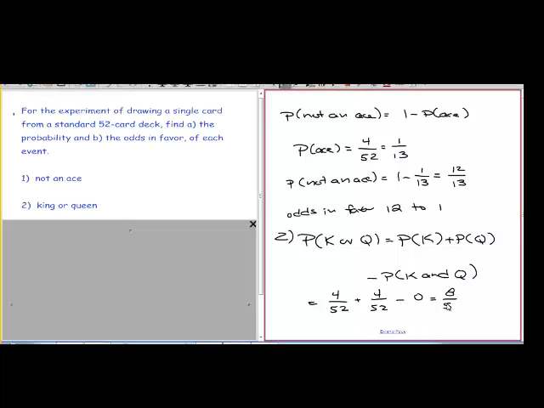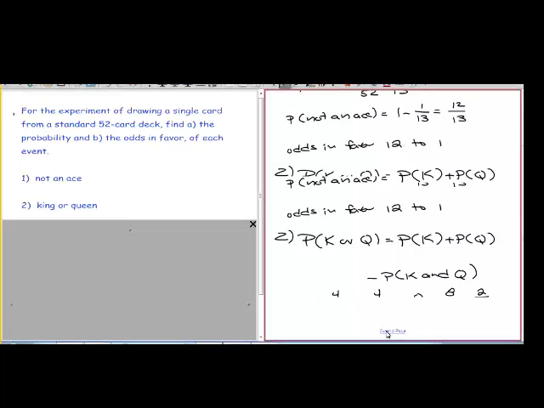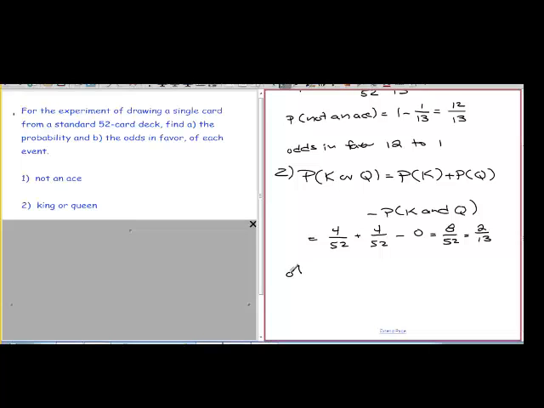So you add those 2 together, you get 8/52, which, if you divide by 4, you'll get 2/13. It's twice what I got up here. So that's the probability. The odds for are 2/11.